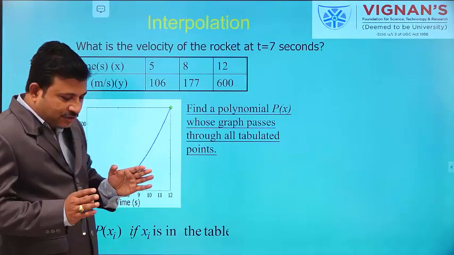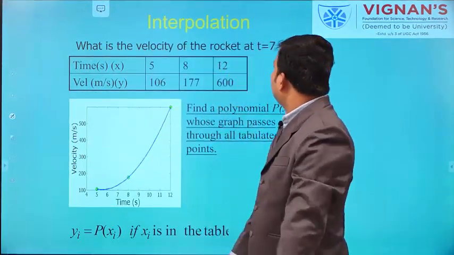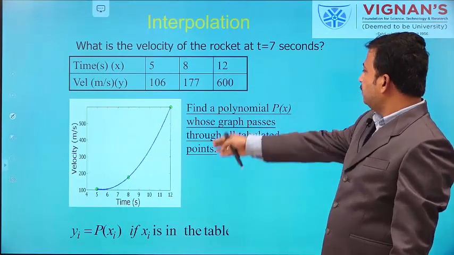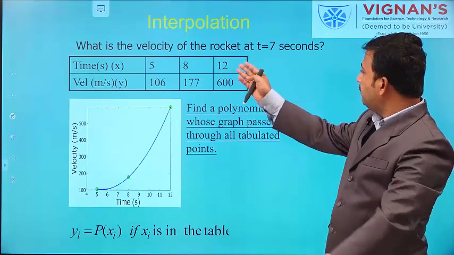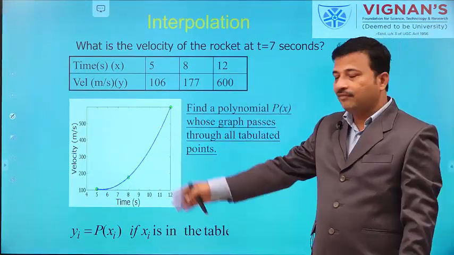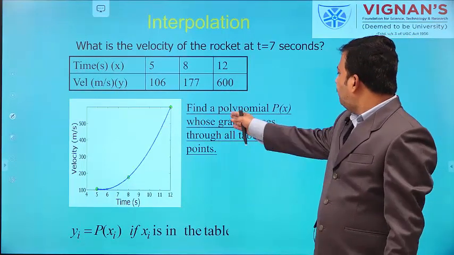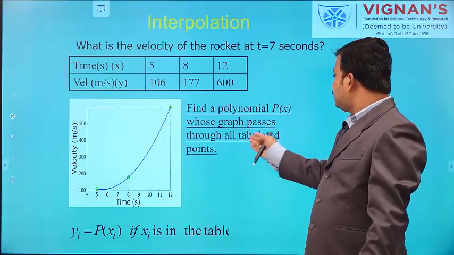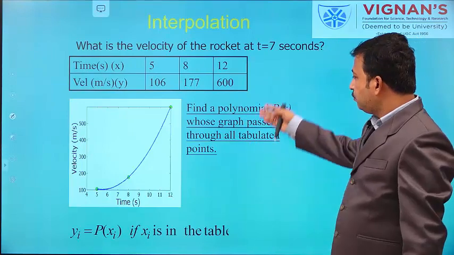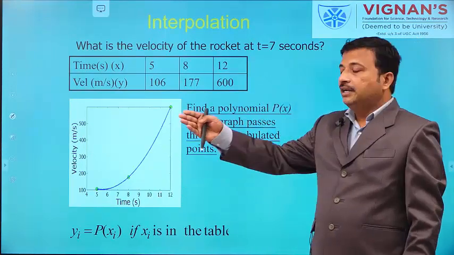See, what is the velocity of a rocket at t equal to 7 seconds? This is one problem, right? Times and velocity, the same example I cited previously. So find a polynomial p(x) whose graph passes through all the tabulated points. We can use interpolation here.